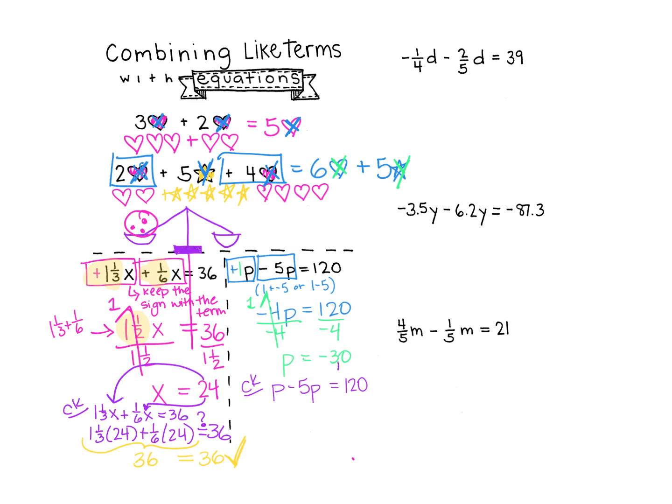So everywhere I see the variable, I think it is negative 30. So I'm going to write negative 30 minus 5 times negative 30, and the question is, does this equal 120? I am going to plug this into my calculator, and I am indeed going to get 120. So I know that this equation checks.